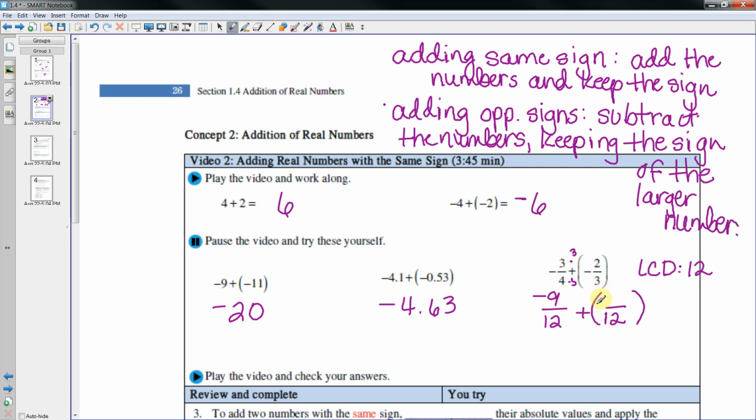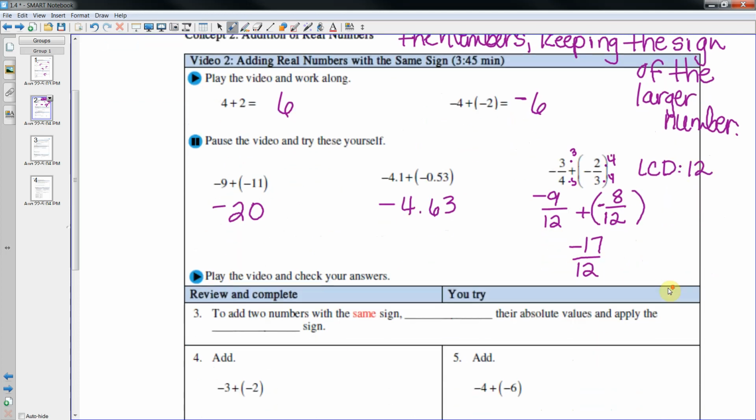Okay, in the second one, it's also negative. 3 times 4 is 12. 2 times 4 is 8. So I have a negative 9 over 12 plus a negative 8 over 12. Again, the denominator stays at 12. Negative 9 plus negative 8 would be negative 17. So negative 17 over 12 would be your final answer.